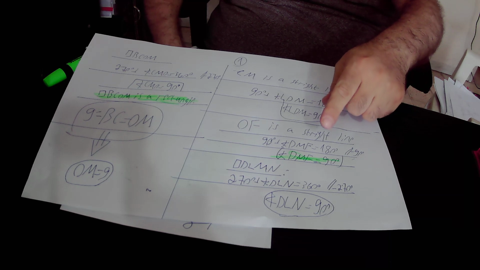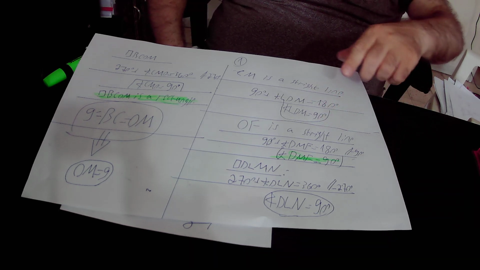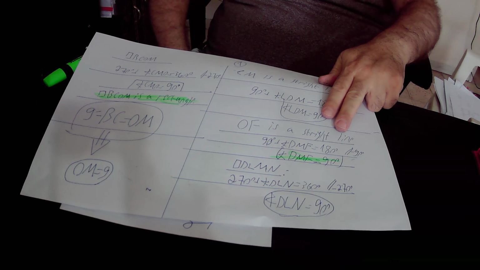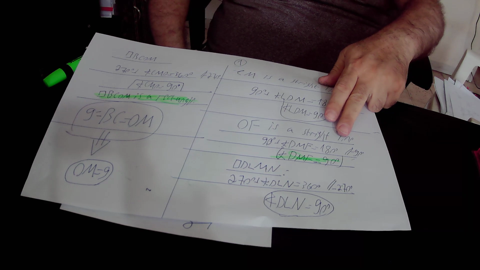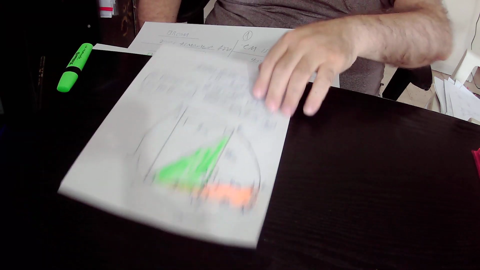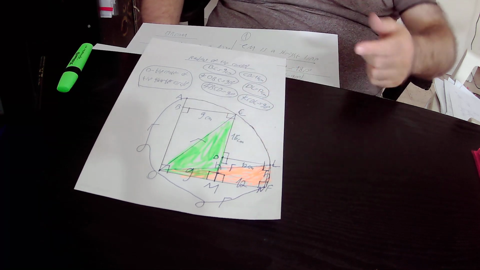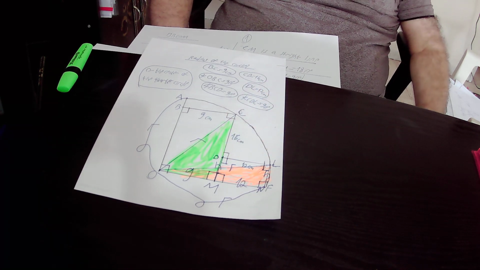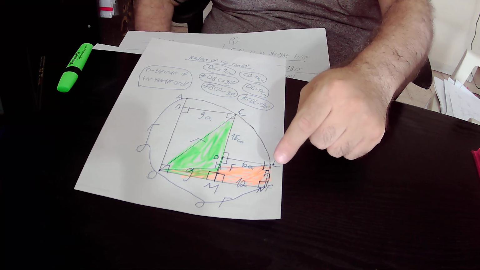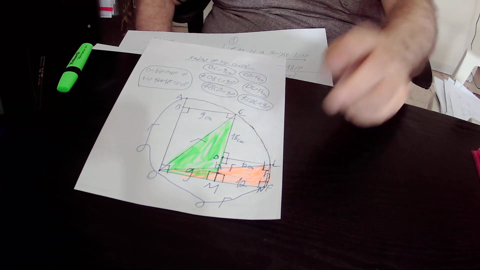So 90 degrees plus angle DMF must be equal to 180 degrees according to rule number 3. Here we subtracted 90 degrees from this equation and we found out that the missing angle DMF equals 90 degrees.